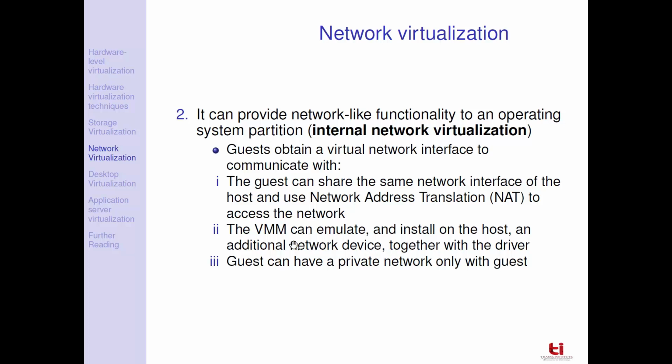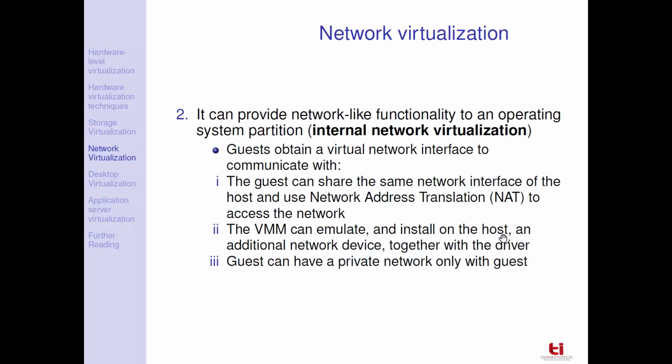The second way is that the virtual machine monitor can emulate and install on the host an additional network device together with the driver. In the first case, there was only one network interface card and a single public IP address, which was mapped to multiple private IP addresses through NAT. But in the second case, NAT is not being used.